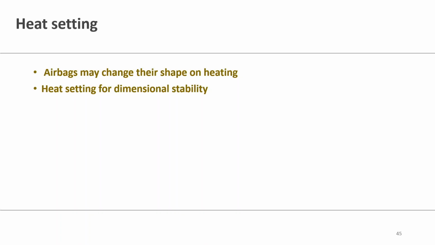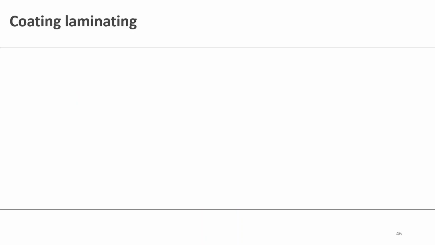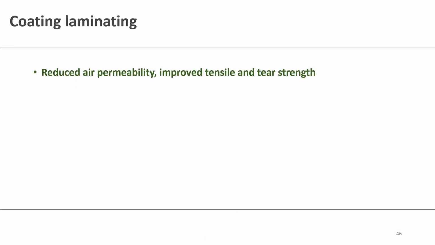Heat setting is required for dimensional stability. Open width machines such as a stenter are used. Coating and lamination reduce the air permeability and improve the tensile and tear strength.